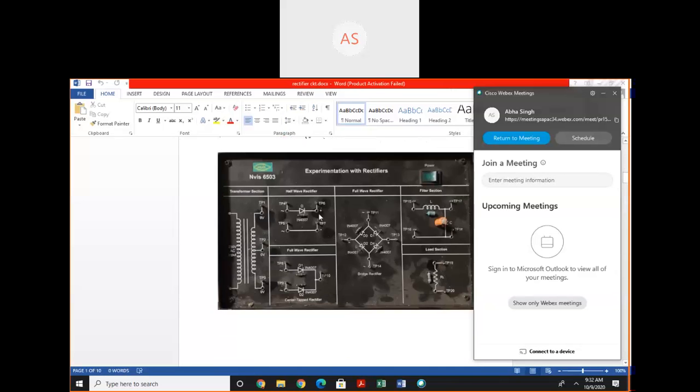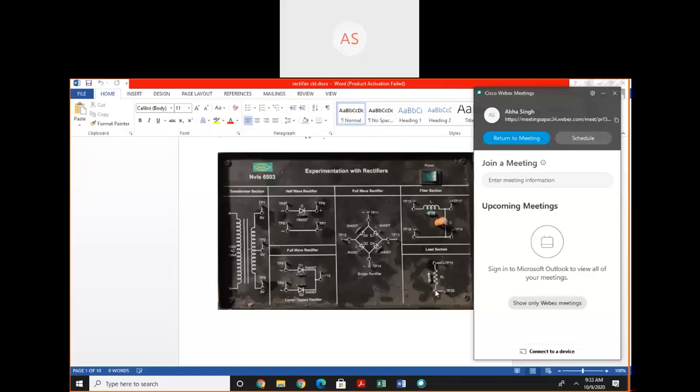This is the experimental board. In this, 30 volt is step down and this positive terminal of 9 volt is connected to the anode, and then this terminal is connected to the resistance RL.